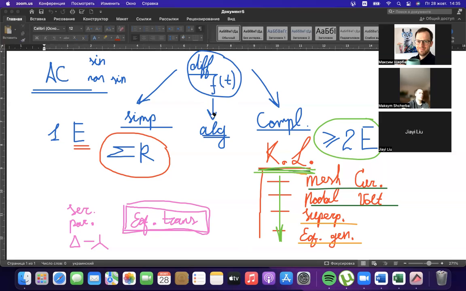If we move a little bit further, we will see that we can do it using complex transformations, the so-called symbolic method. We can transform time variables into operator form, into operational functions, and the operator will depend on the frequency and the complex number j.